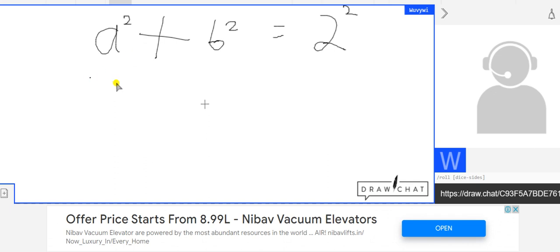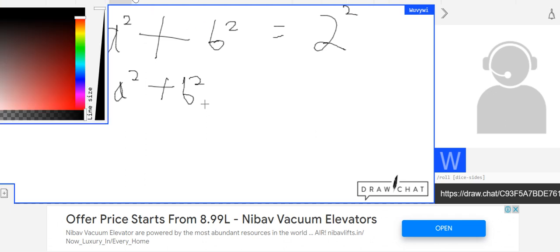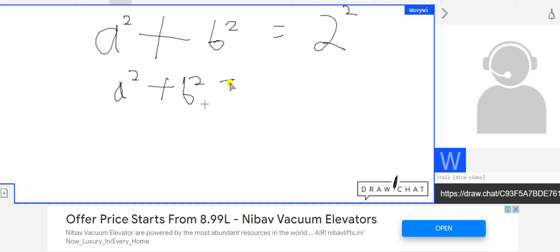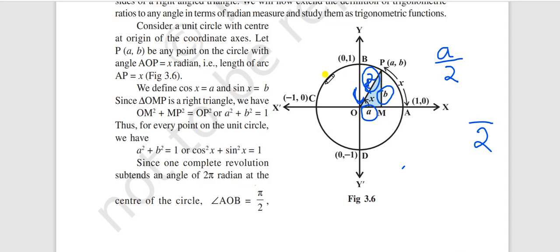And then what we get is a square plus b square is equal to 4.